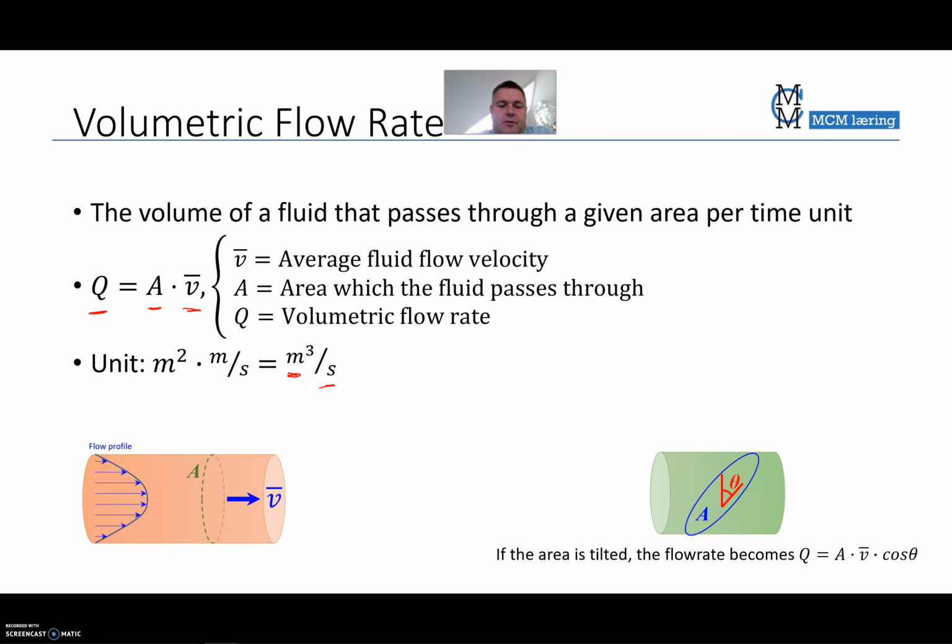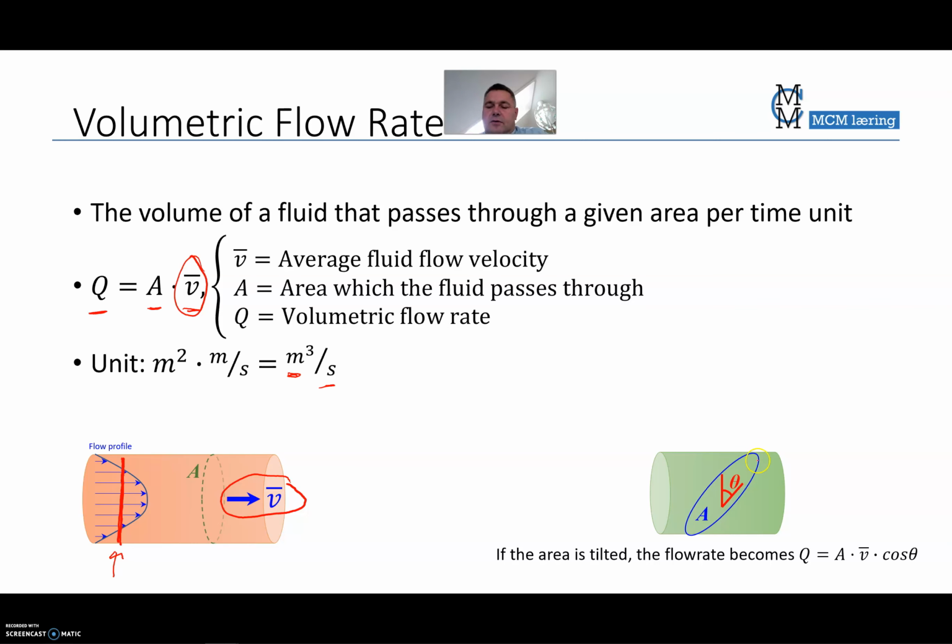In a pipe, we have a velocity profile like that, which means that it flows faster in the center of the pipe and slower at the ends, at the walls. While the average velocity is the average of the flow you have there. So the flow rate is where we use the average overall. What would end up in the tank where this pipe ends.